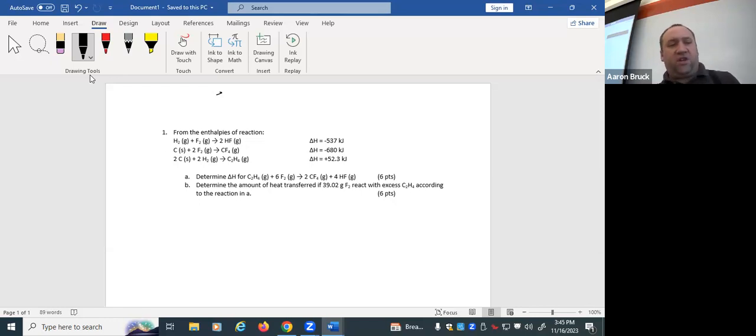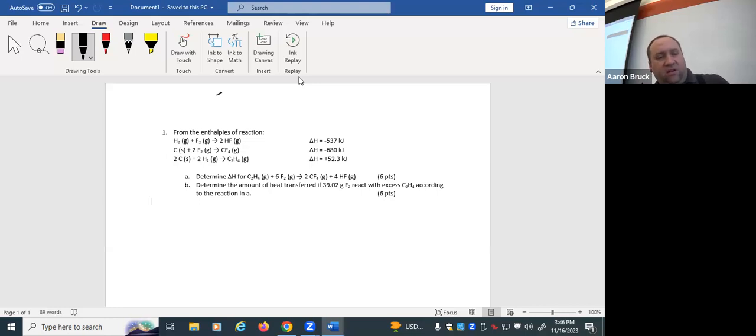So the first question here is a question where I need to make delta H from these reactions for this reaction that we're given. And so the thing that we want to do for this kind of problem is we want to try to recognize where do we have some of these substances already, and where do we not have them?